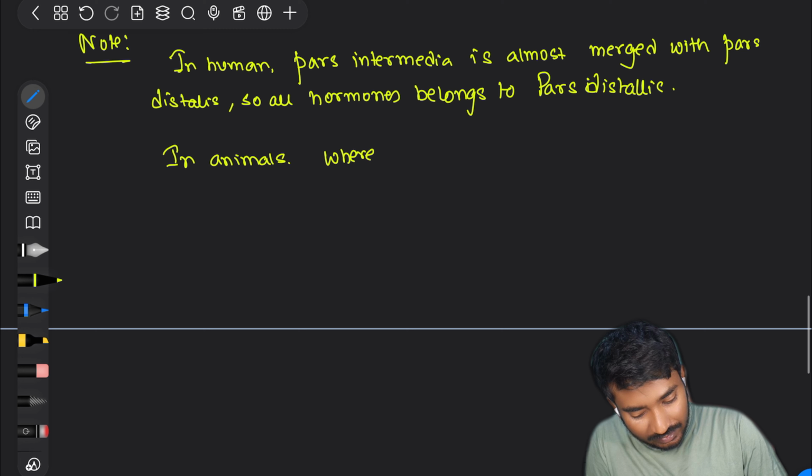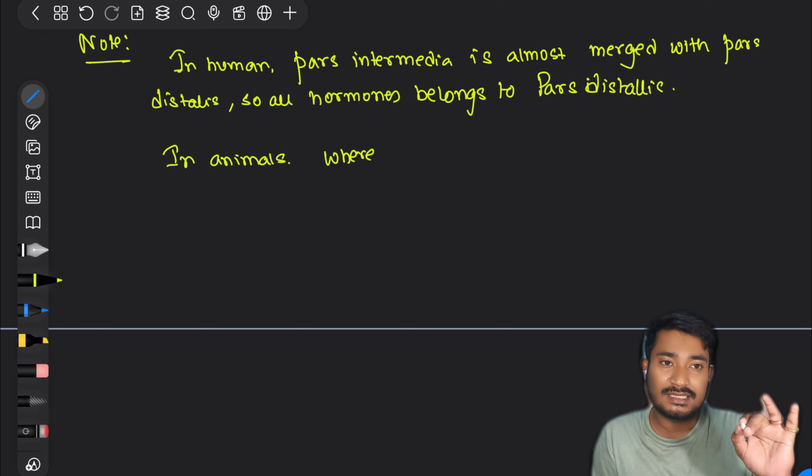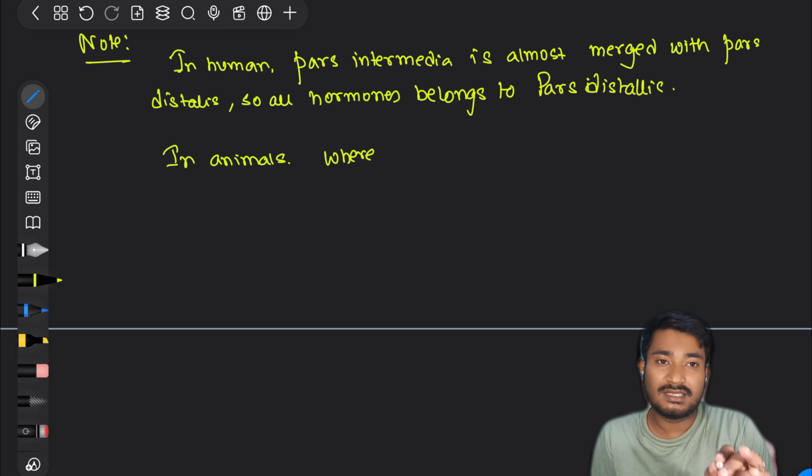In animals the pars intermedia is separate, but in human the pars intermedia is merged with the pars distalis.